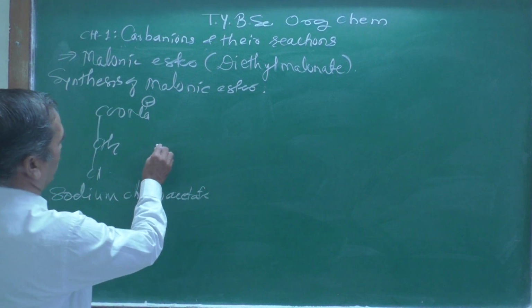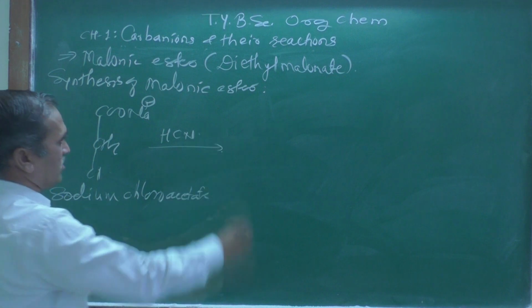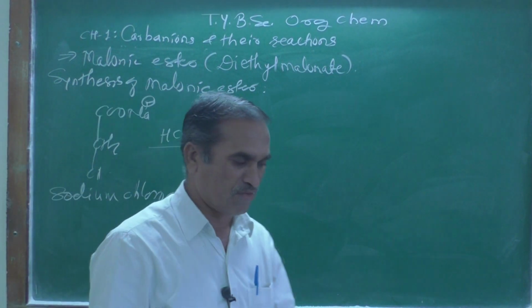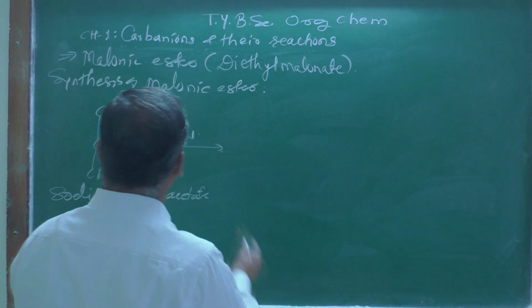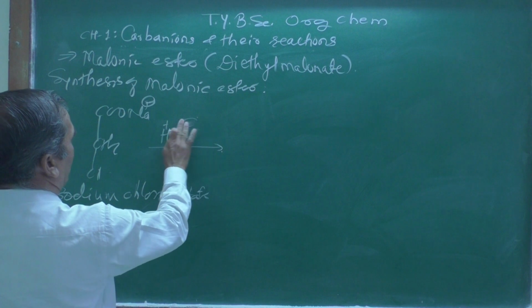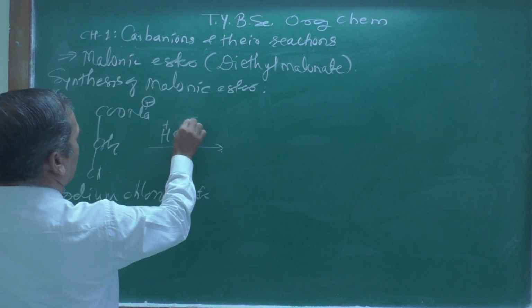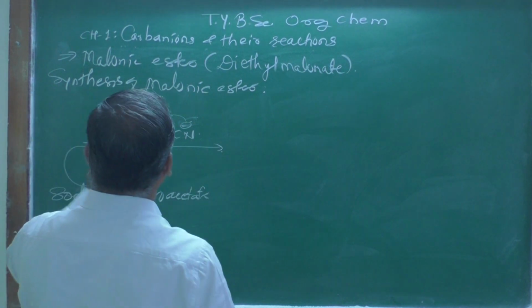Now this will be further treated with hydrogen cyanide, HCN, as we know it is very poisonous in nature, so that is in the gaseous form. What is going to happen? Here is a positive charge, and here is a nucleophile, and this nucleophile is going to attack at that carbon atom.